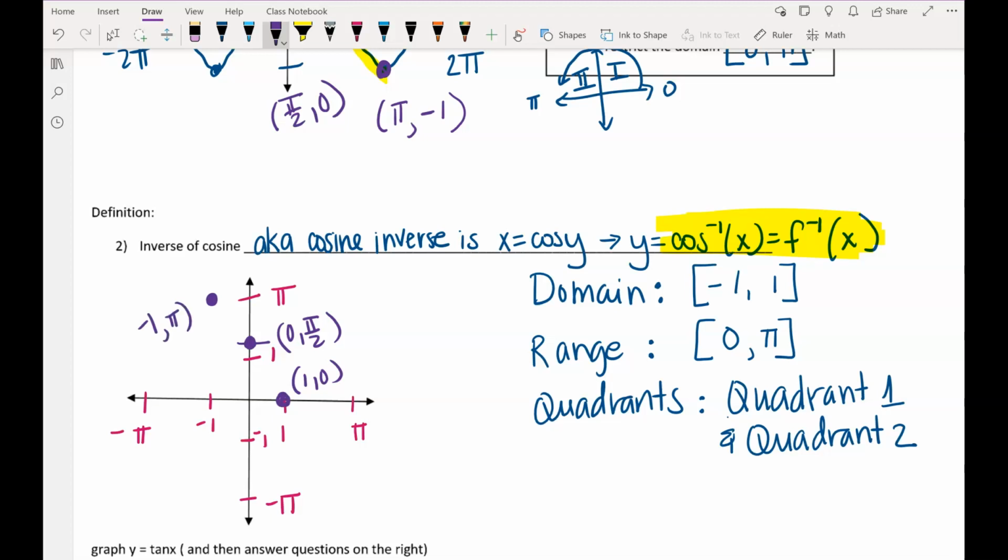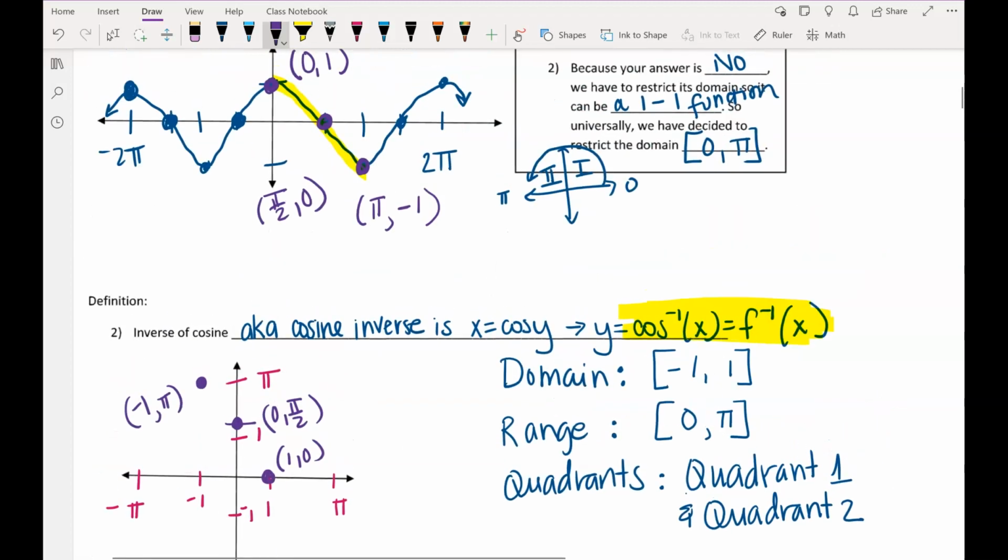Now look at the original curvature of cosine. What was it trying to hug? Which axis? The x. Okay, so now you must hug the y. Sometimes I find it easier to turn my paper, so if you need to, you can do that.